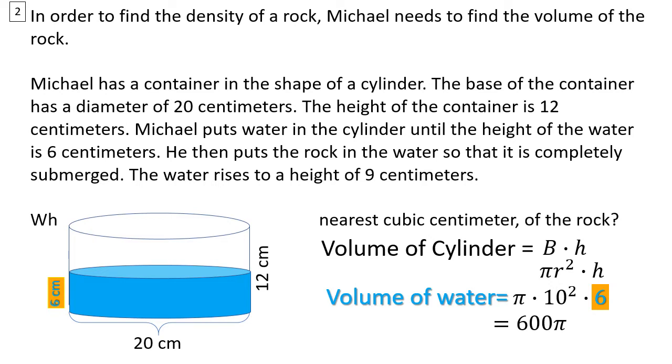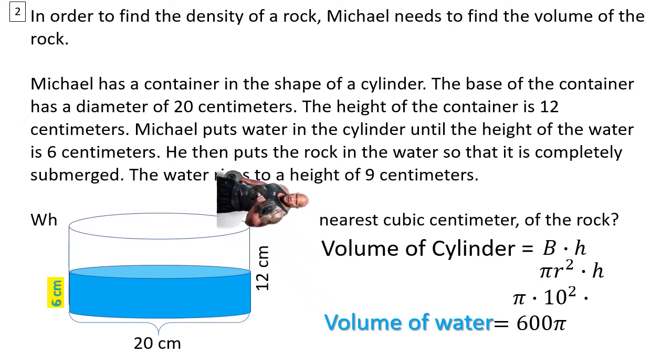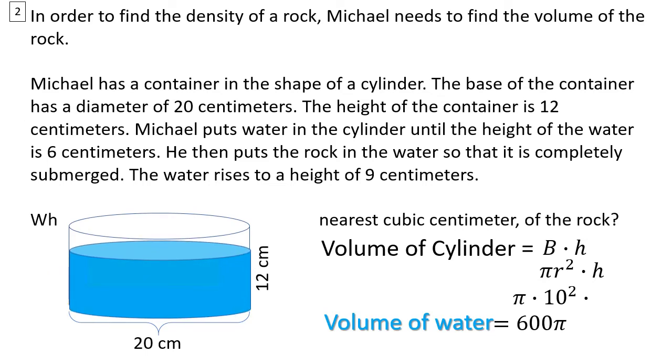The next thing we need to do, we're trying to find the volume of this rock, so we're going to put the rock in the water. So there's the rock. Let's put him in the water. And that changes our water's height.